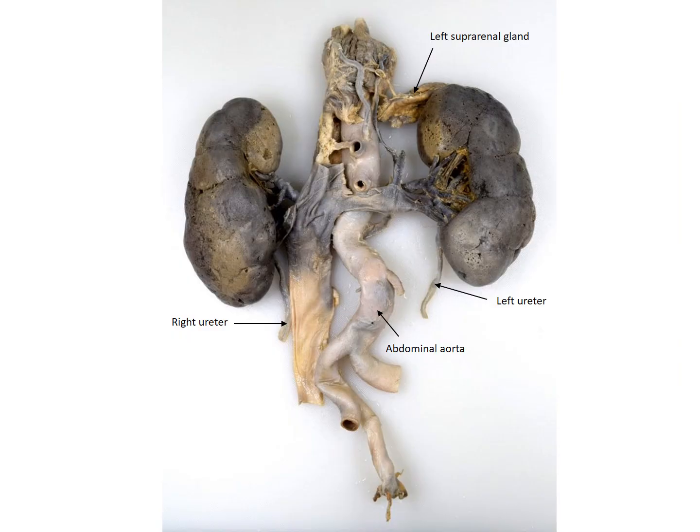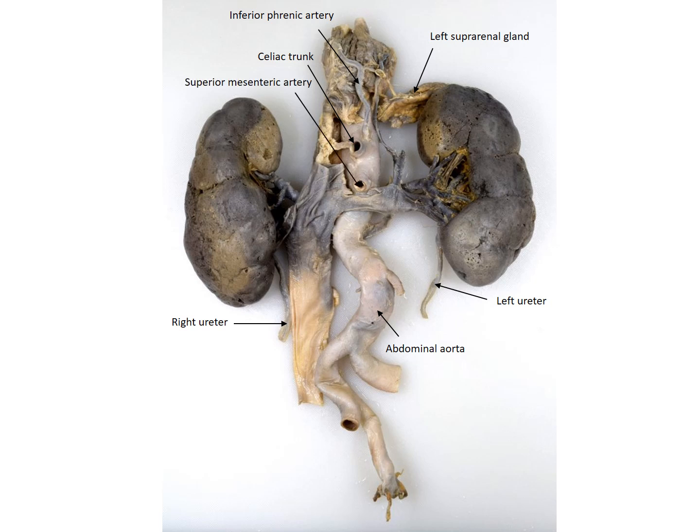Here you will recognize left ureter, right ureter, abdominal aorta, and you will recognize left suprarenal gland. This is the branch of the abdominal aorta, celiac trunk. This is the inferior phrenic artery, parietal branch of abdominal aorta.